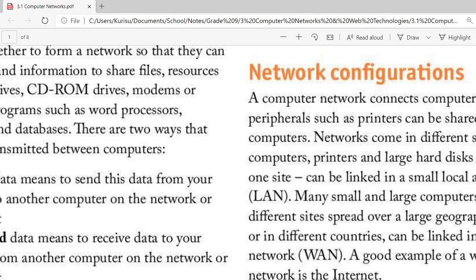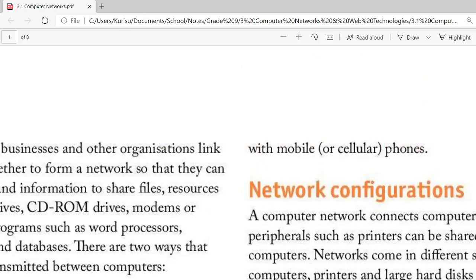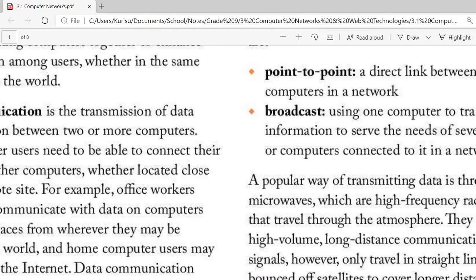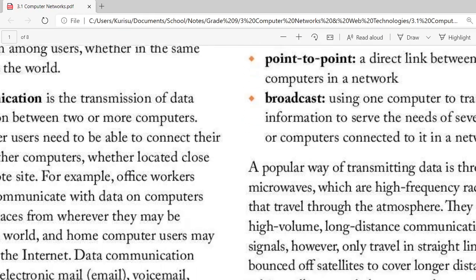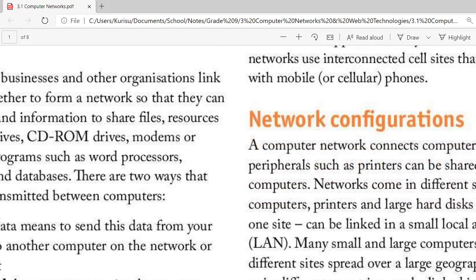And smaller than that, we have a PAN, which is a personal area network. An example of that PAN is your point-to-point connection, which is your Bluetooth connection. So, the point-to-point is the smallest configuration, which is 2 devices, and the PAN is the name of that network size, a personal area network.